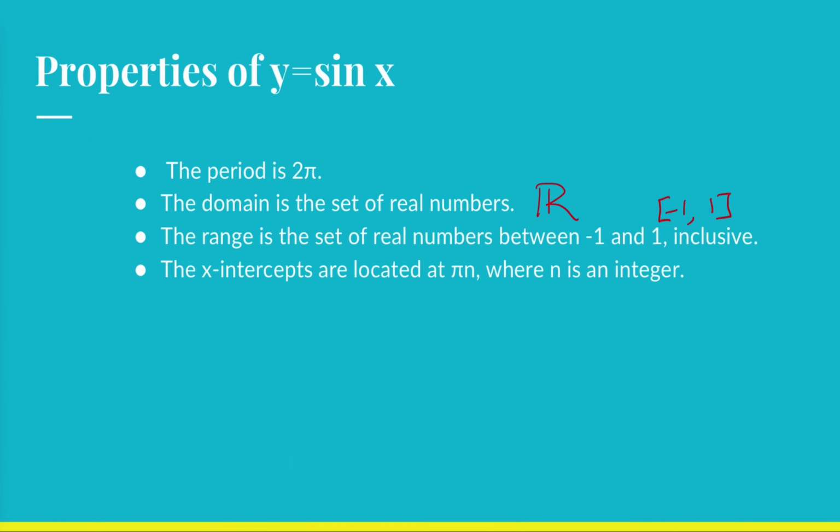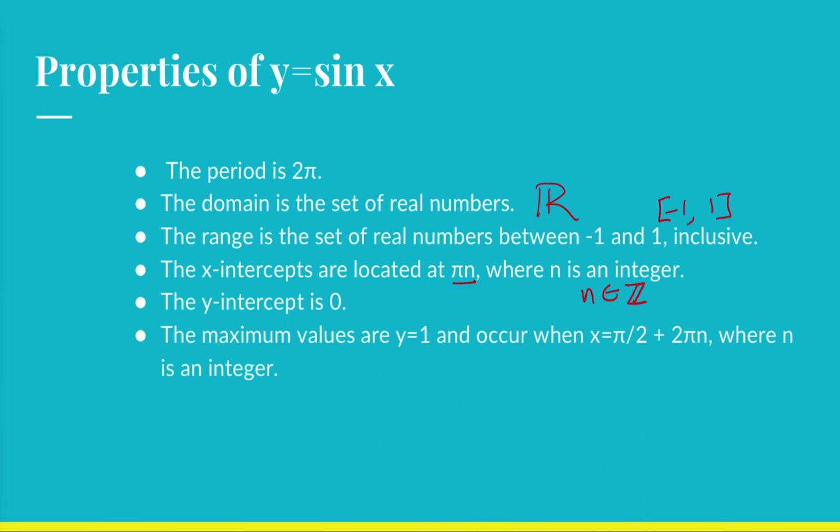The x-intercepts are located at multiples of pi, n times pi, where n is an integer. So whole number multiples of pi. Our shorthand for n is an integer looks like this. The y-intercept is 0. It's where it crosses the y-axis.